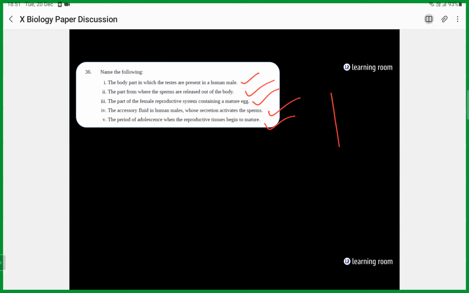Then sex-linked: male is heterogametic, female is homogametic. In males we have only one X chromosome. So those are the basics: how sex is determined, how chromosomes determine sex, and how genes behave, dominant and recessive. Based on that, you are supposed to answer that question.